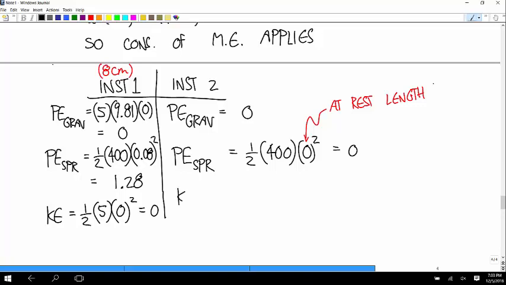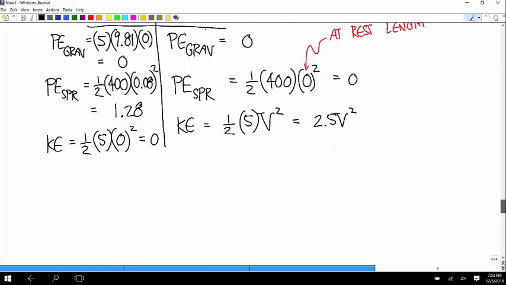And then the kinetic energy, do we know the speed? That's what we want, so I'll just leave that as v squared. So this is 2.5 v squared. So conservation of mechanical energy says 0 plus 1.28 plus 0 is equal to 0 plus 0 plus 2.5 v squared.